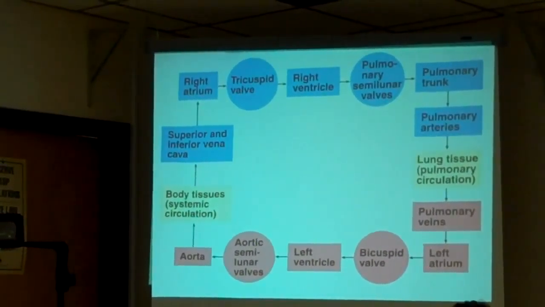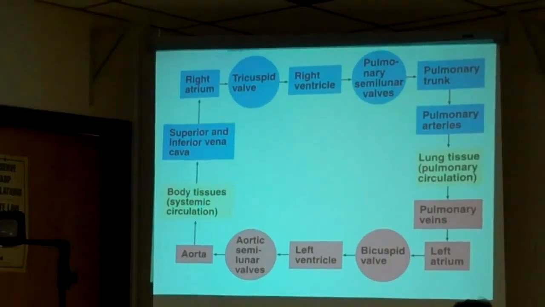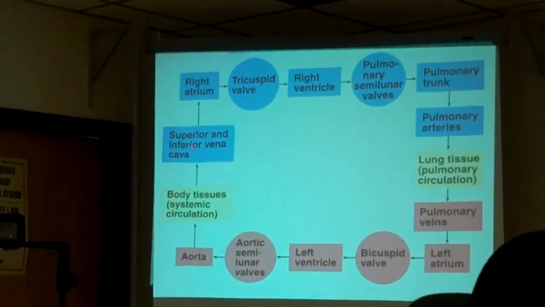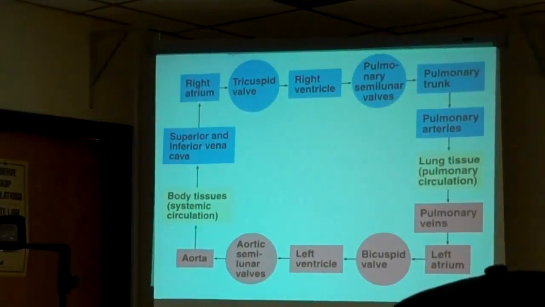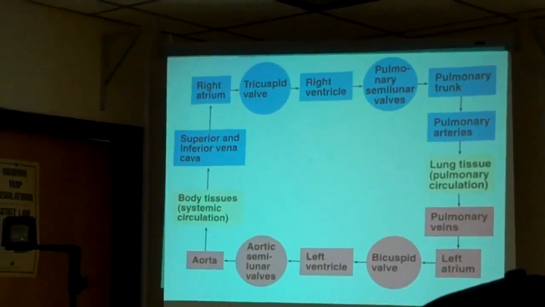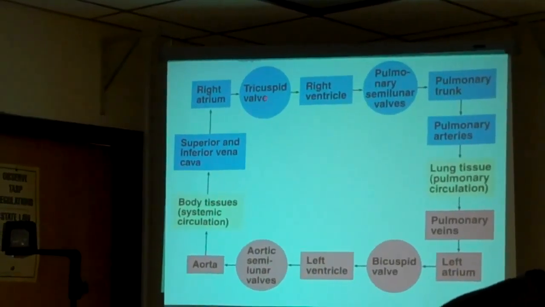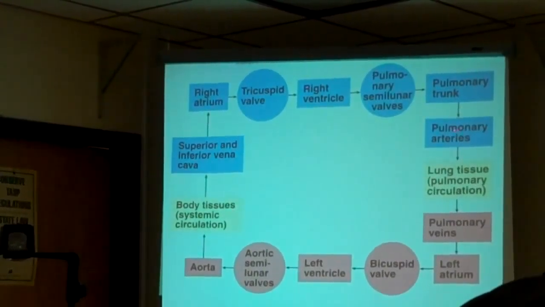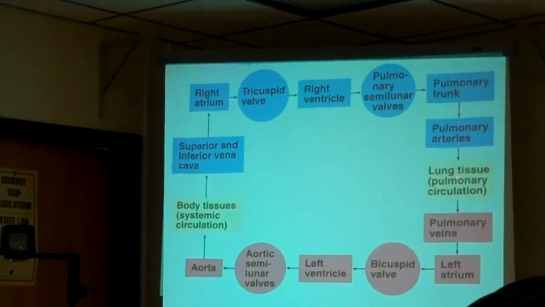Yeah, this diagram is on Blackboard. Good. There's the superior vena cava, and the inferior. In other words, blood is emptying into the right atrium, tricuspid valve, right ventricle, pulmonary semilunar, pulmonary trunk, pulmonary arteries, lung tissue. That's pulmonary circulation.